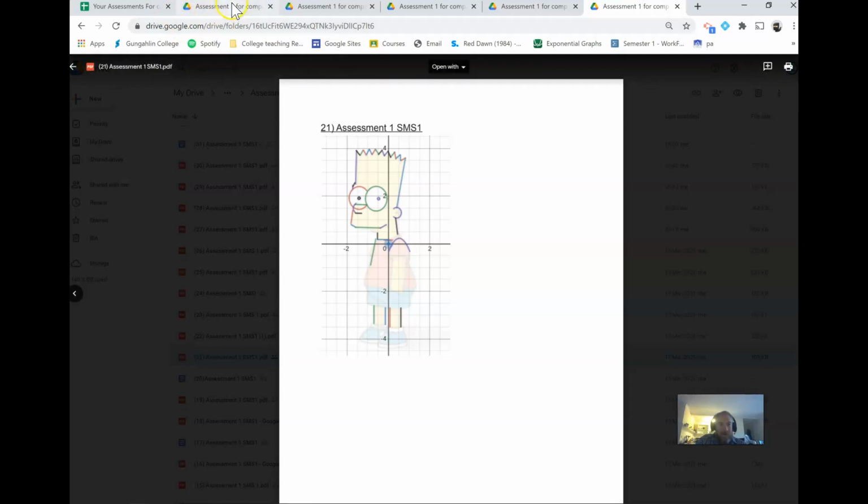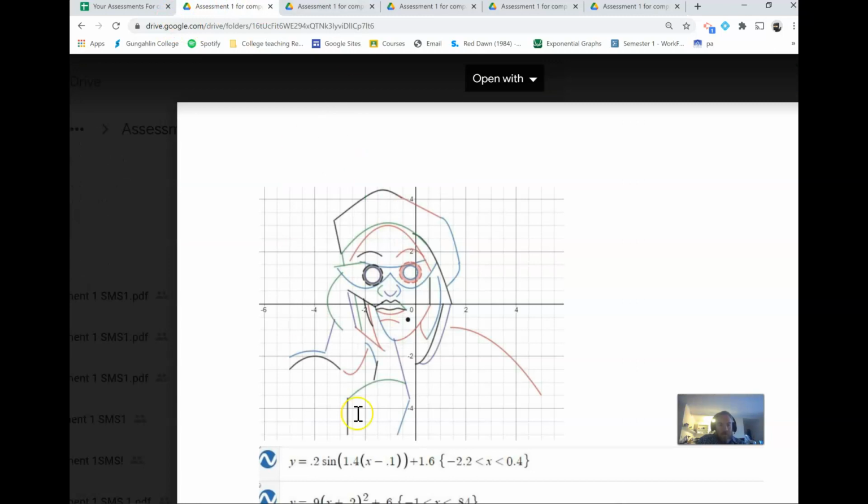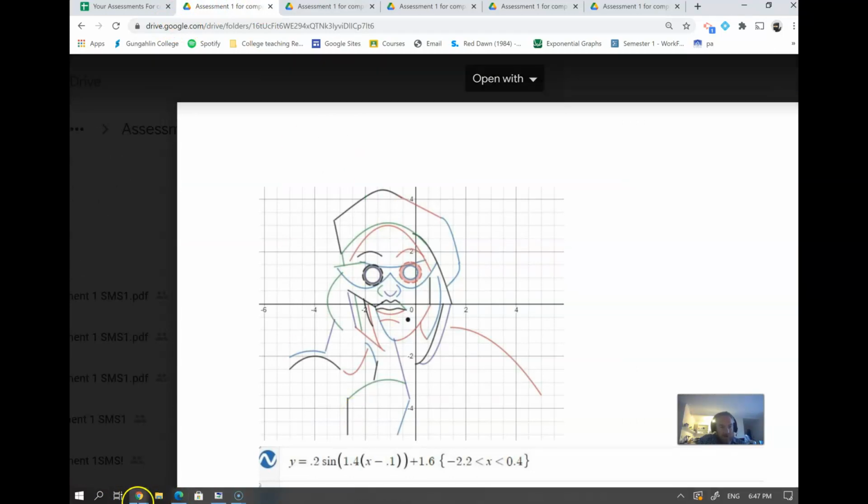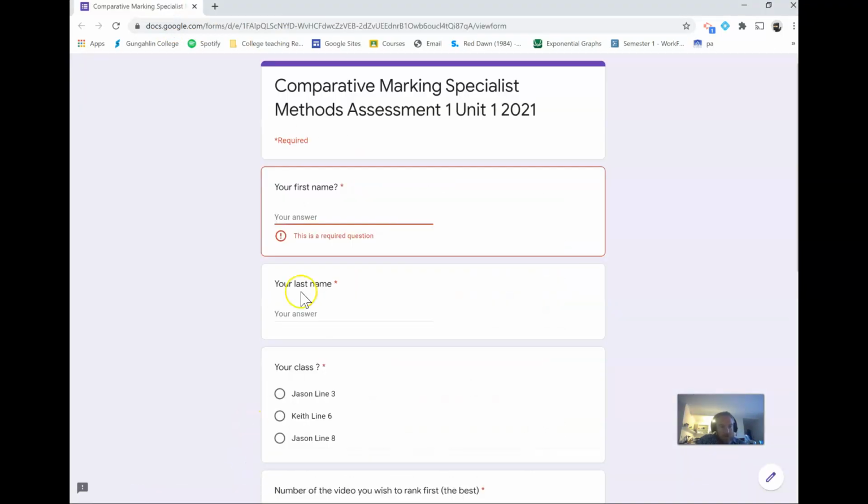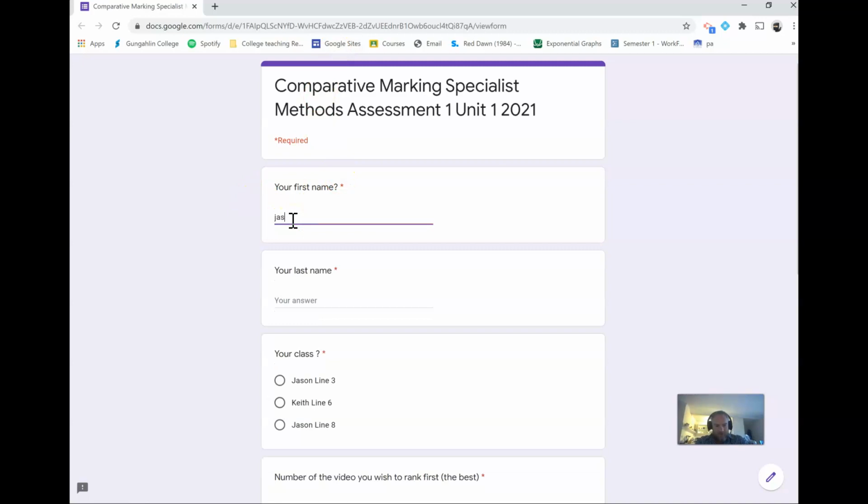With that said, my numbers, I'll bring up the, cool, so this is the Google form you've got to fill out. I'm certain you'll have seen these sort of things before. What you do is you chuck in your name.